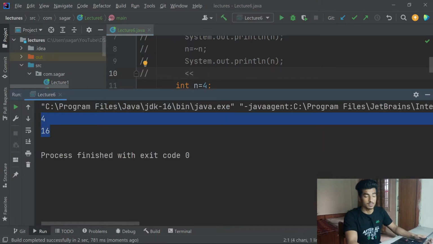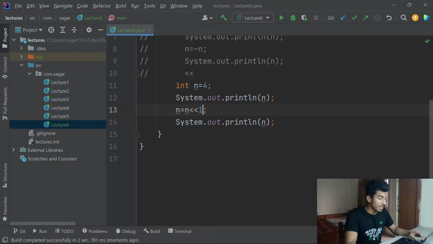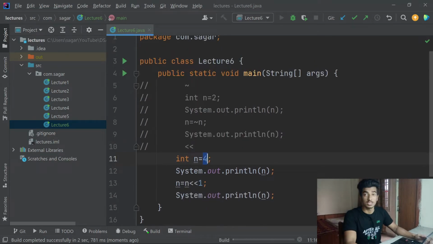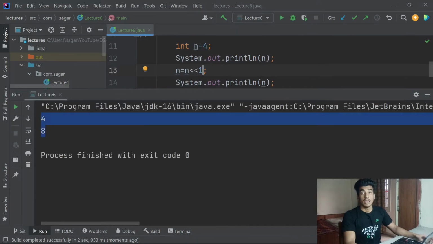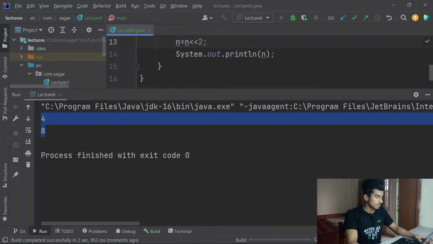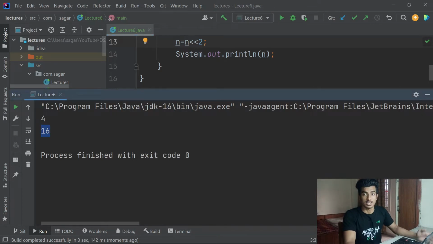It is now 16. Can you find some pattern here? When I left shift my number one time, it is multiplying my number with 2. And you can see here 4 is now 8. And when I left shift it 2 times, it is multiplying my number with 4, 2 to the power 2. Let's run this. As you can see, 4 into 4 is 16.